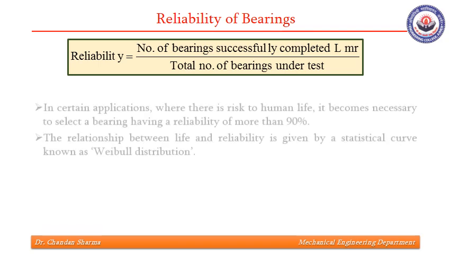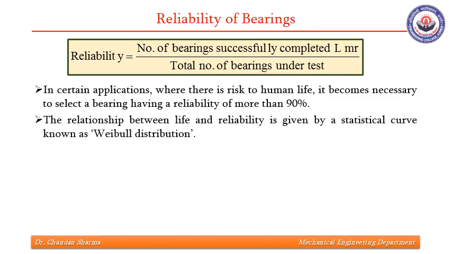In many cases, there is risk to human life. So it becomes necessary to select a bearing having reliability of more than 90%. Whatever formulas we have used so far were for L10 life, which was life for 90% reliability. So in cases where desired reliability is more than 90%, we'll use a different approach.